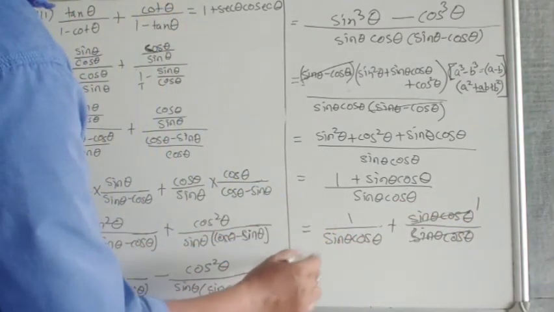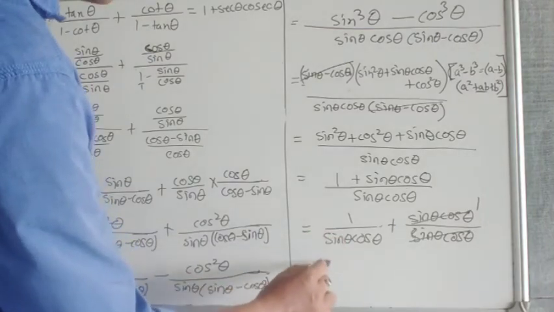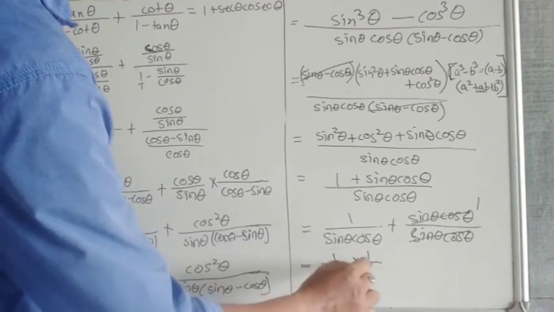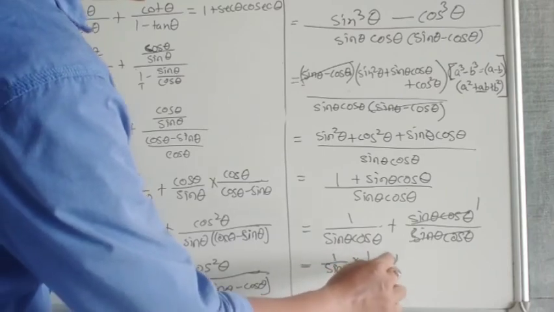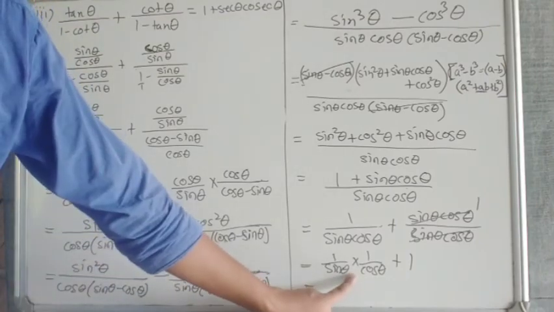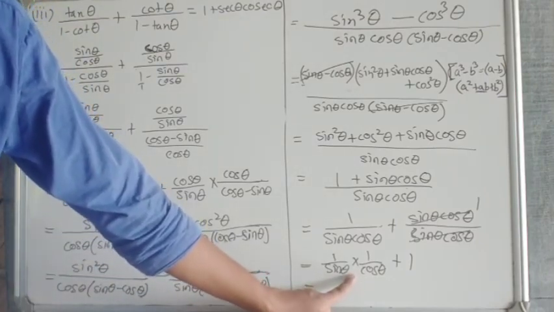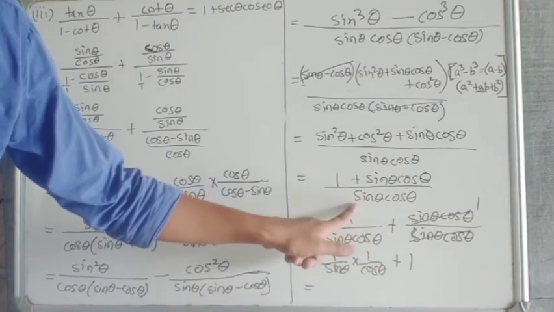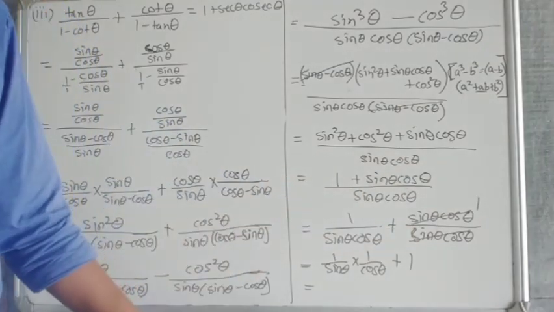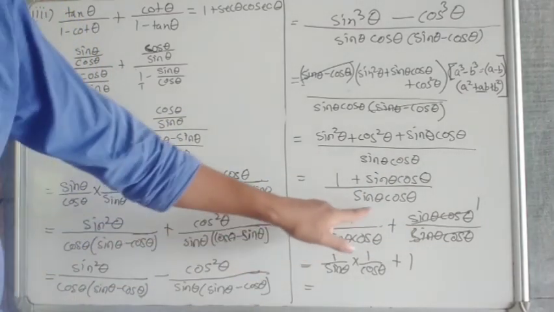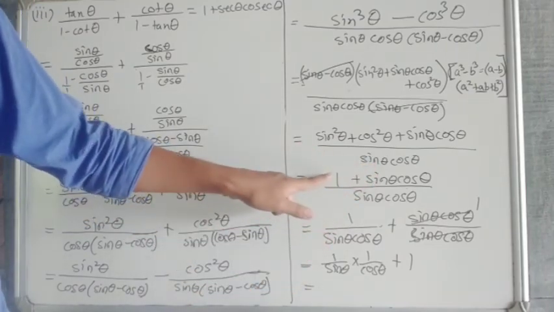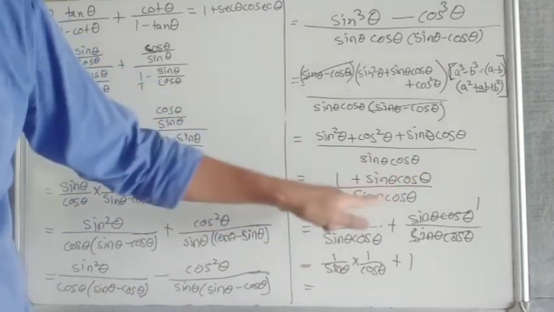Now this is what you have to remember. I will write this one: 1 by sin theta into 1 by cos theta plus 1. I don't know whether you understood this or not. Here what I am doing is into. We are doing splitting, and when we do splitting, it gets split 2 times. People used to make a mistake: they will write 1 by sin theta, and sin theta cos theta by cos theta.